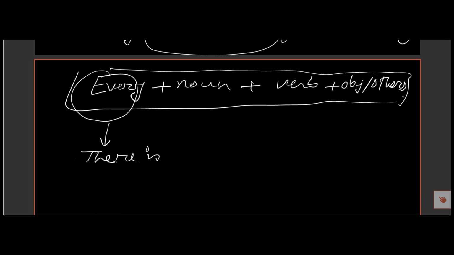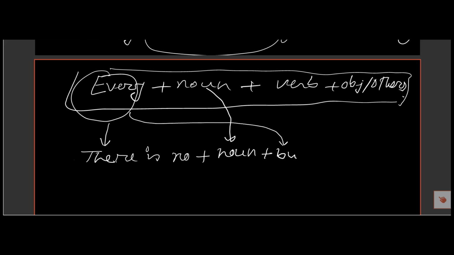There is no, then after there is no we must use the noun, and after the noun there must be a but, and after but the rest: the verb, object or others, and then a full stop.